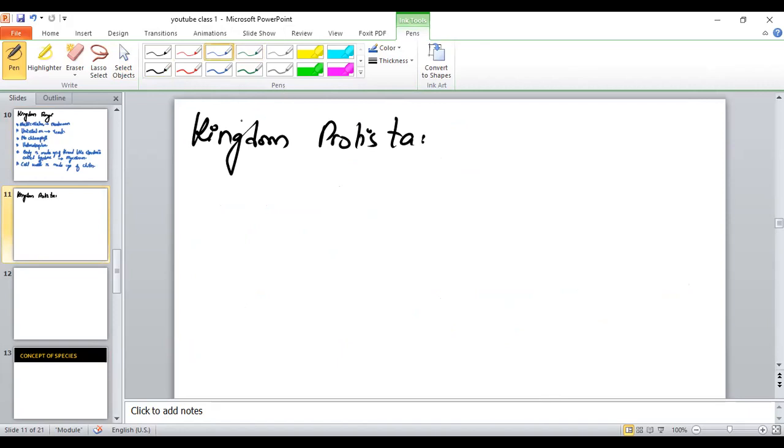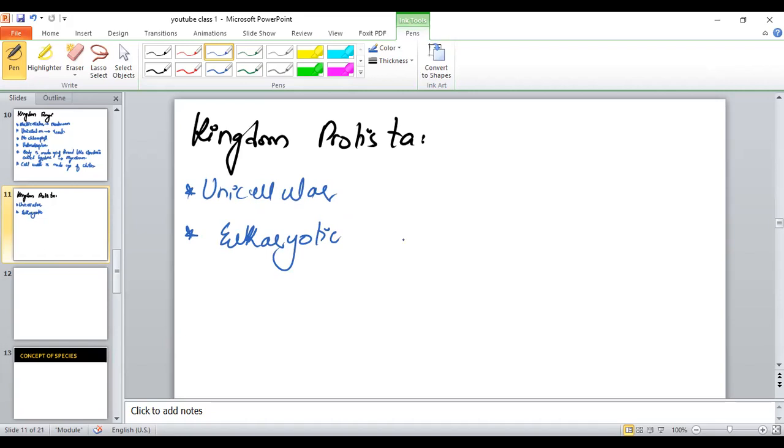So they are in this kingdom, all are unicellular, like their body is composed of only one cell. And when we talk about kingdom Protista, they are eukaryotic also. Even though they have only a single-cell body, they have a proper nucleus in their body.